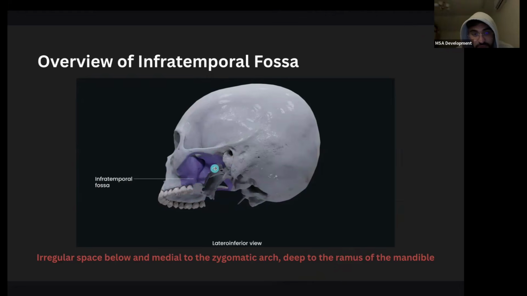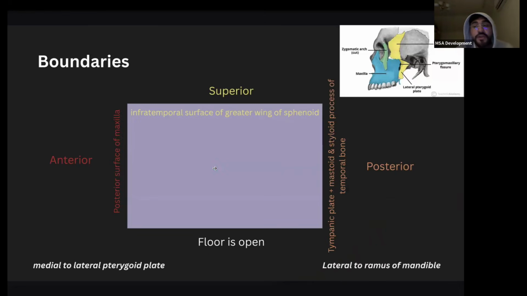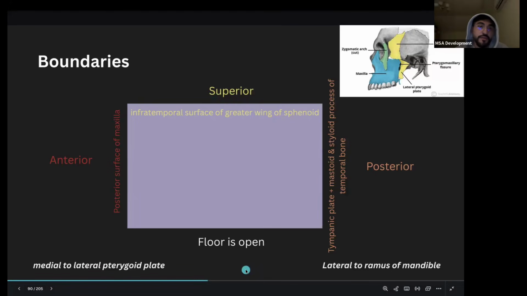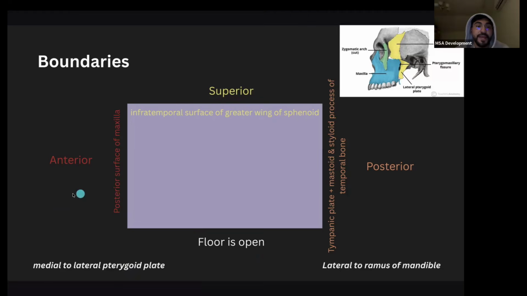So it's right here. It's very important that we cover the boundaries. So let me put myself here. Okay. So this is the superior, this is the floor, inferior, anterior, posterior. And superiorly, all right, we have the infratemporal surface of the greater wing of the sphenoid, which is right here. This is the greater wing of the sphenoid.